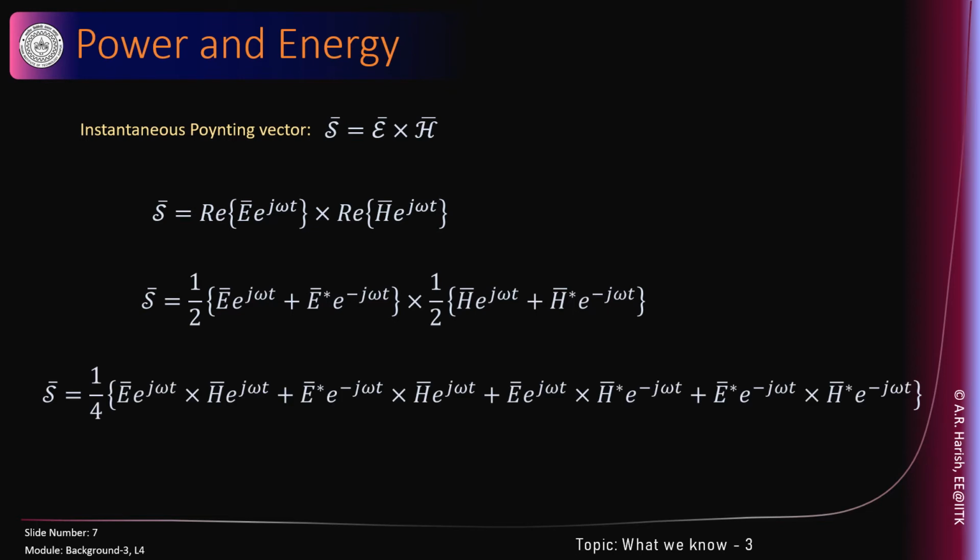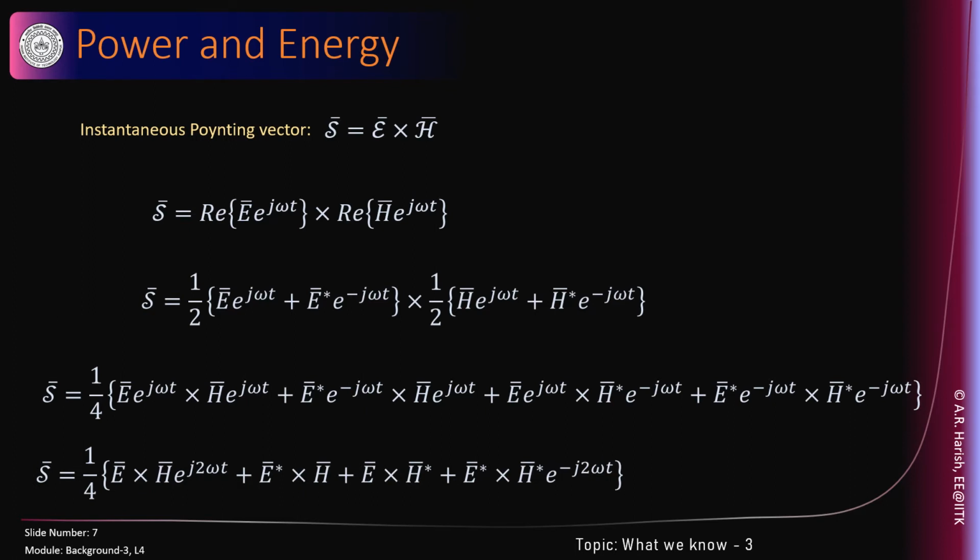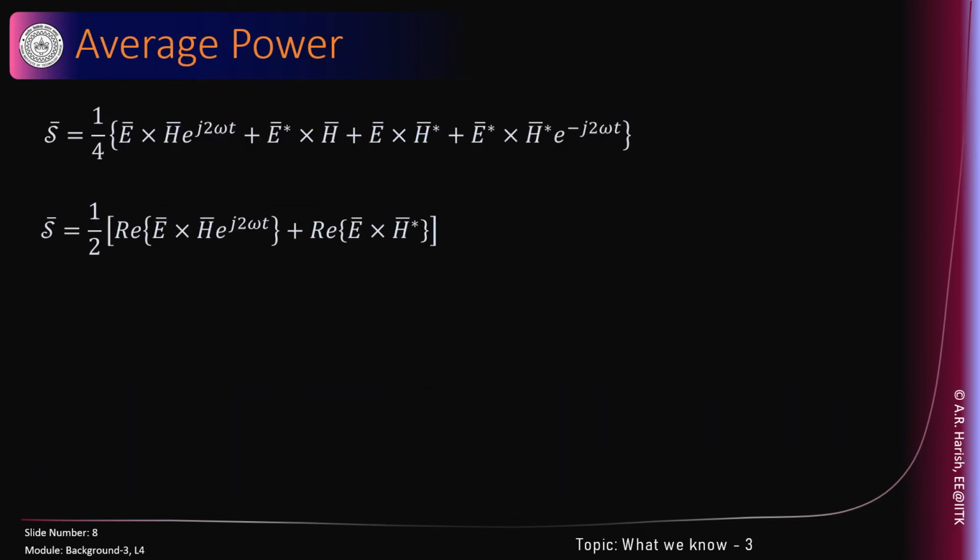Next is very trivial, straightforward algebra, and then collect all the terms having e to the power of 2j omega t, e to the power of minus 2j omega t, and without omega t variation, and reassemble everything nicely. And what we have is, oh, this is an interesting one. The first term and the last one can be combined. We get real part of this plus real part of E cross H star, and you can easily show this result, not a complicated one.